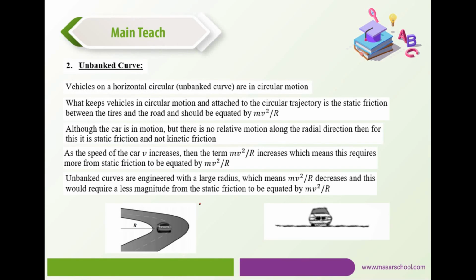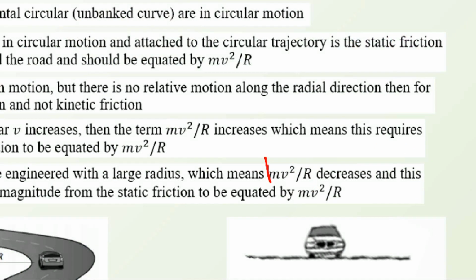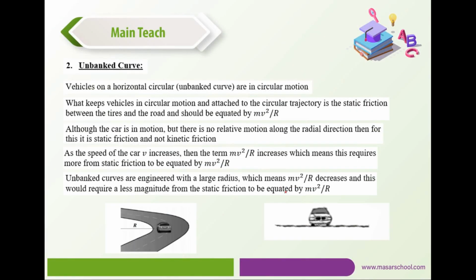Usually, unbanked curves are designed so that the radius of curvature is very large, because when r increases, this term decreases, which means less static friction is needed to maintain contact with the road.